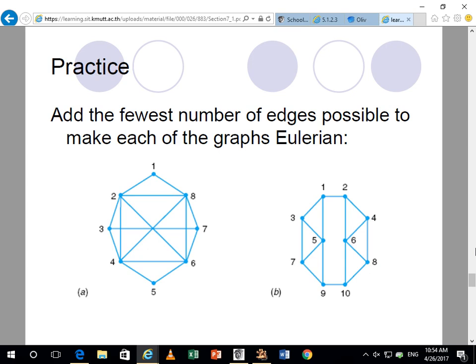So actually I added a single edge. No longer a simple graph, but it is an Euler circuit. It's not a simple graph because we have parallel edges. But if we say fewest number of edges to add, I can just add 1.